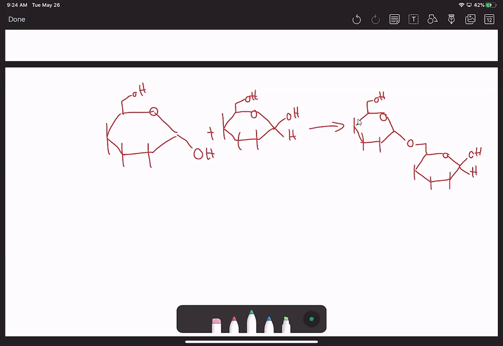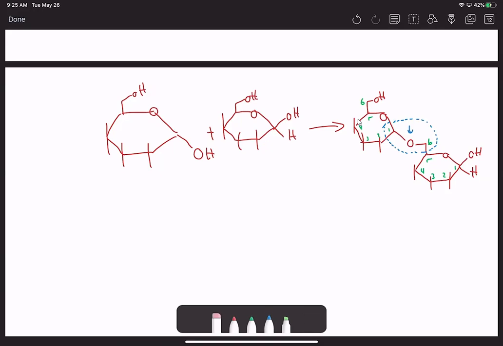All right, so here I'm going to number these carbons, and I'm going to circle the bond. Here's this oxygen bridge here. So I've circled that oxygen bridge, and we can see that this oxygen is pointing downward, which means that that's going to be alpha.